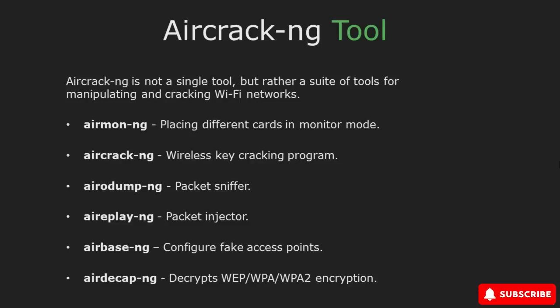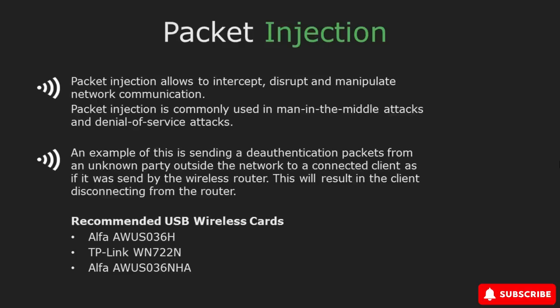Now let's see what is packet injection. Packet injection allows you to intercept and manipulate network communication. A good example is sending deauth packets to a network client and disconnecting him from the router. To really be effective at wireless hacking, you need a wireless adapter that is capable of packet injection and monitor mode.